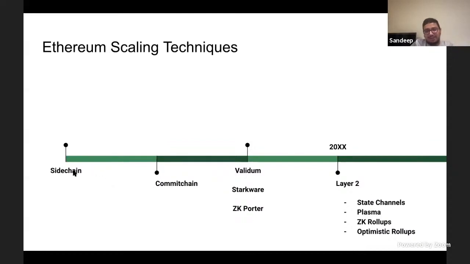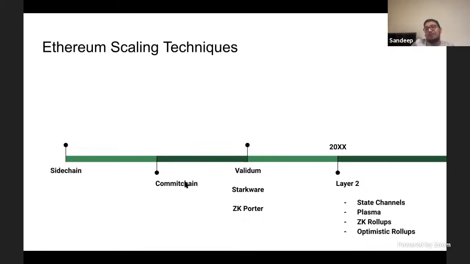So sidechain is on the left of the spectrum. Then you have Polygon PoS's commit chain, where the staking happens on the Ethereum main chain. The slashing, the reward systems, everything is on Ethereum, and this is a very coupled chain to Ethereum.